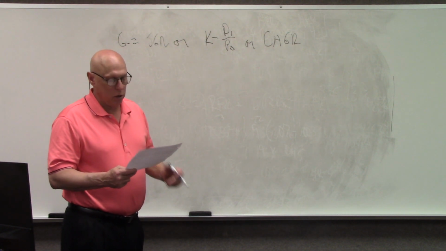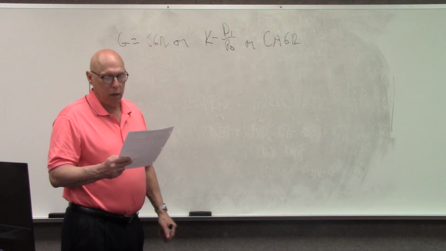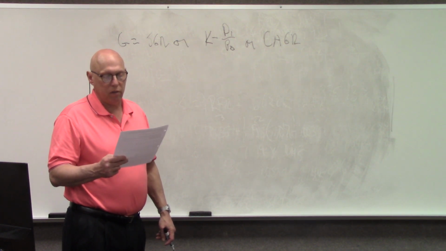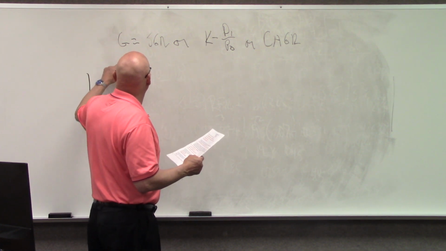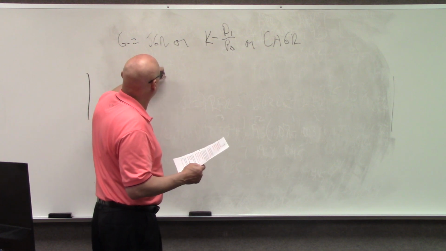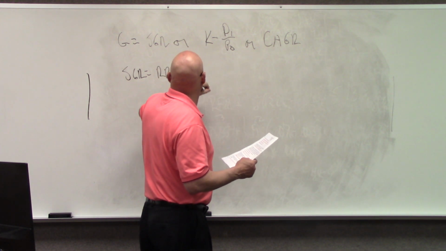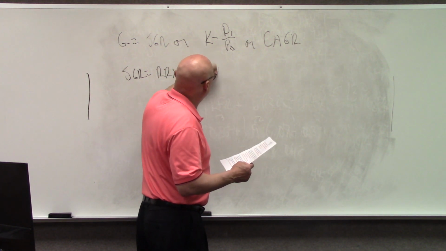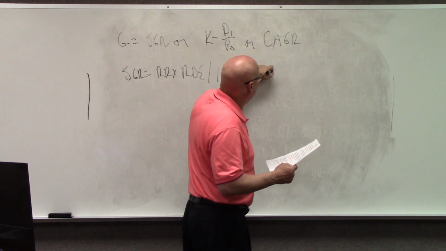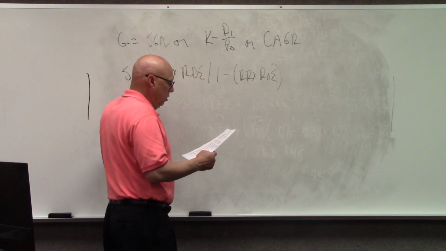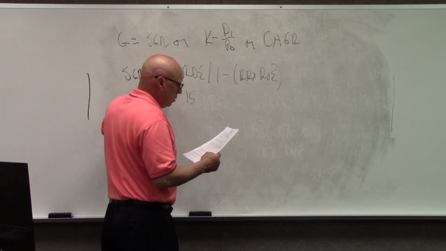Question 2. A company has earned a return on equity of 15%. They have a retention rate of 90%. What should the growth rate of earnings per share and dividends be? That sounds like SGR. SGR is retention rate times return on equity divided by 1 minus the retention rate times return on equity.